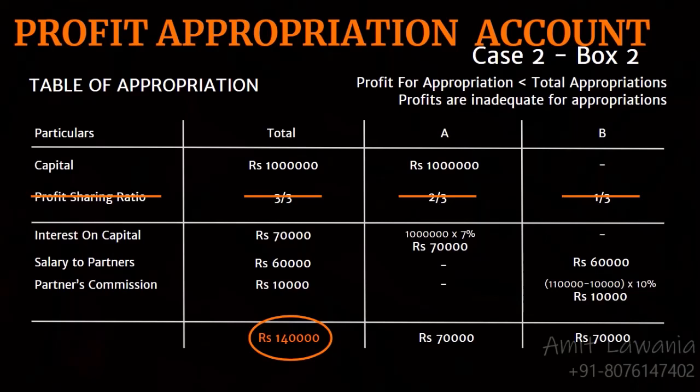But the totals of the appropriations become the new sharing ratio, which is 70,000 for partner A to 70,000 for partner B. Since the amounts are equal for both partners, the ratio for sharing profit will be equal as well. So we now have the output as equal profit sharing ratio.